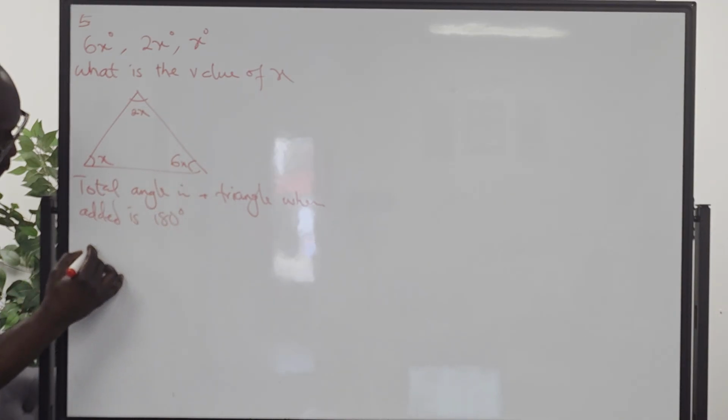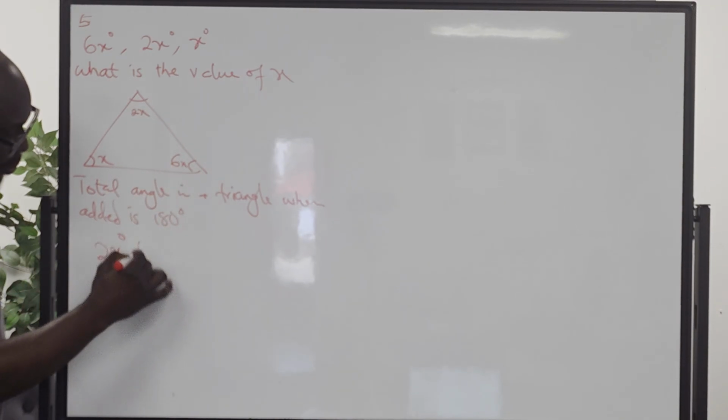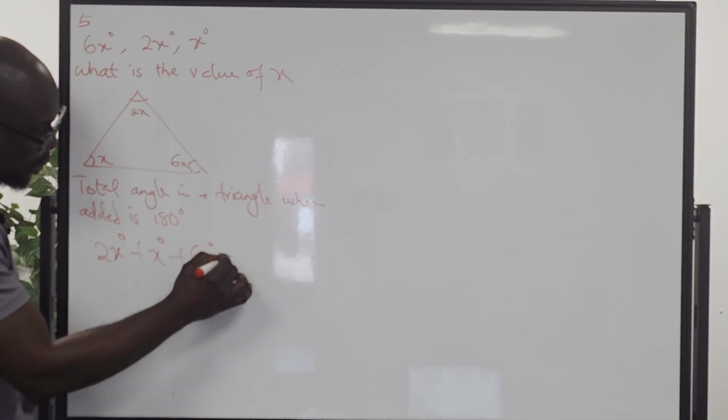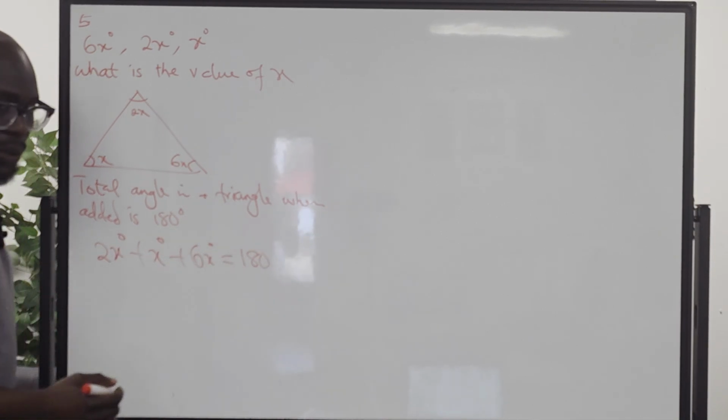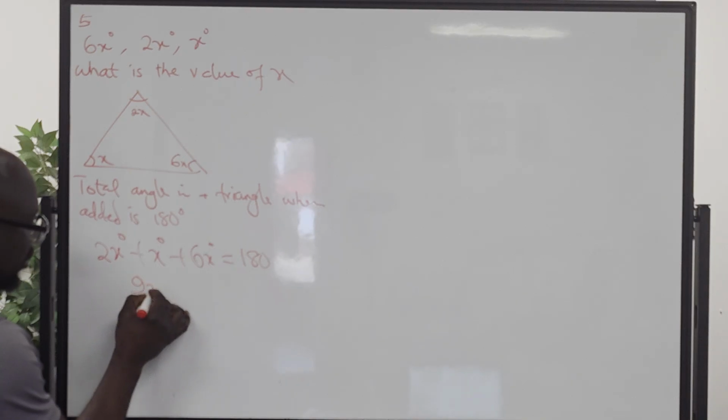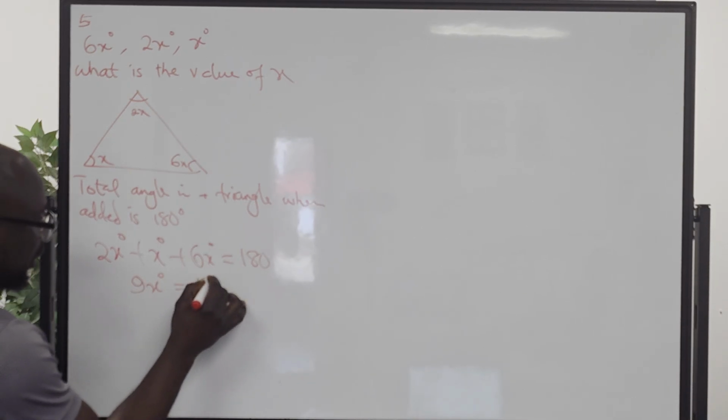So you have 2x degrees plus x degrees plus 6x degrees should give you 180. So now 2x plus x is 3x, 3x plus 6x is 9x. So you have 9x degrees is equal to 180 degrees.